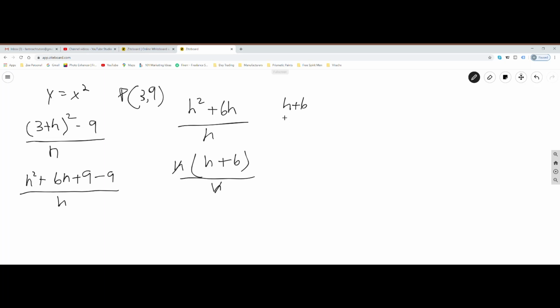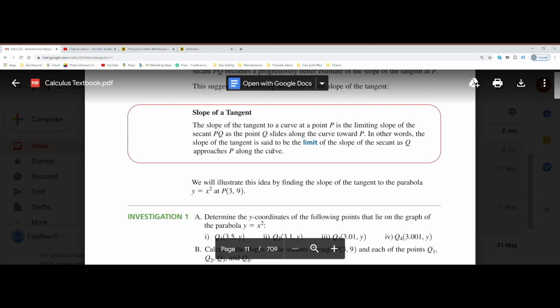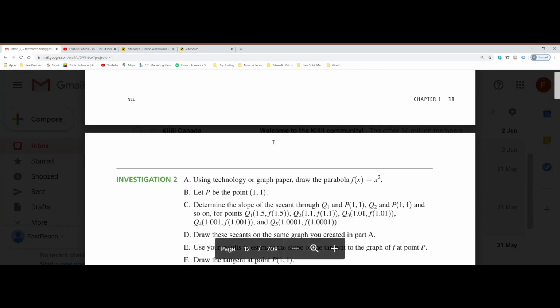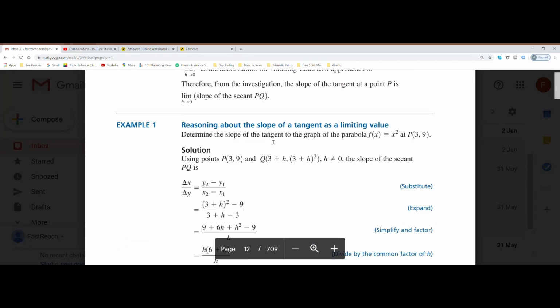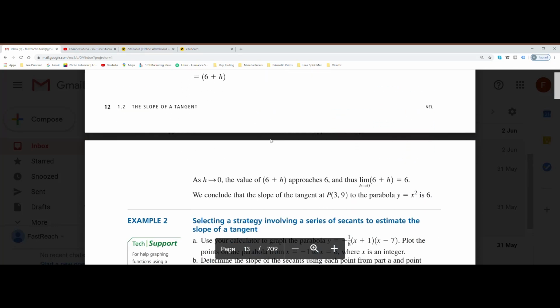So if you substitute h as 0, so 0 plus 6, you get 6. So the slope at (3, 9) is 6. You can use this method anytime you're given just 1 point. So let's get started on the questions, and as we go through the questions, you will get a better understanding.